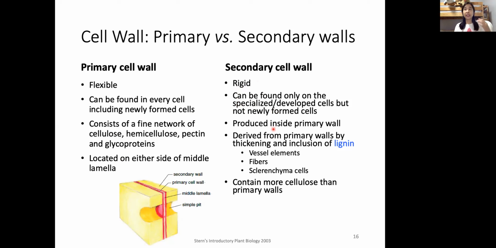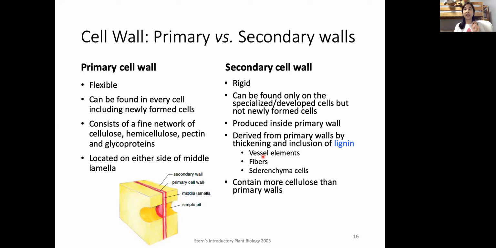It is produced inside the primary cell wall and is derived from the primary cell wall by the thickening of the primary cell wall, in addition with lignin, which provides the strength to the secondary cell wall. As I mentioned earlier, it can be found in just some types of cells that need the strength.